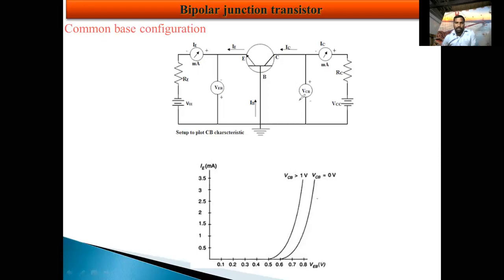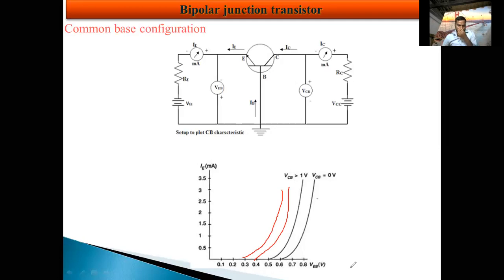Whenever the VCB value increases, the input voltage value decreases, like this one. Suppose another voltage is applied, you have to get this value. Another value increases the VCB, you have to get this value. The curve is shifted to a shorter voltage.